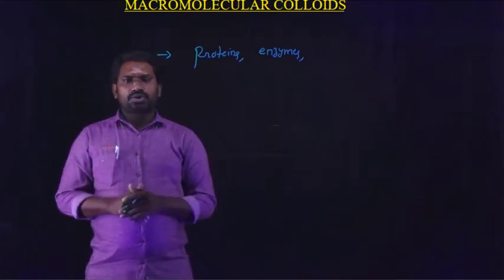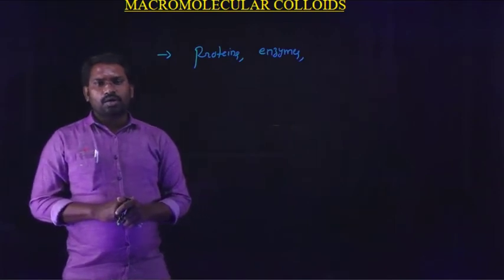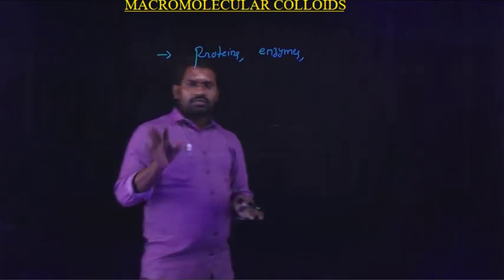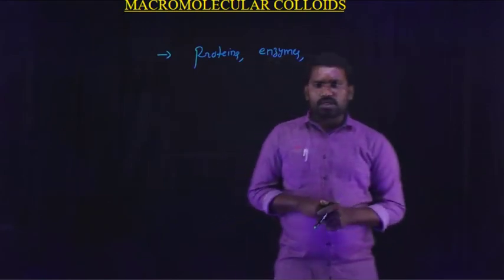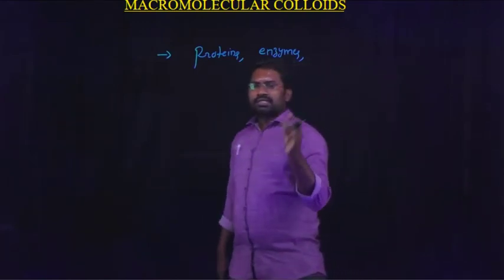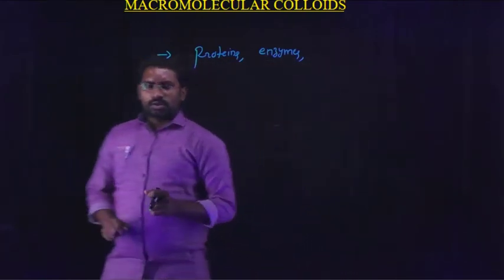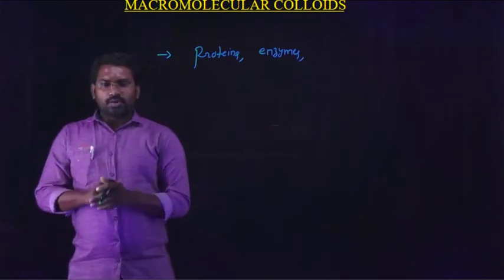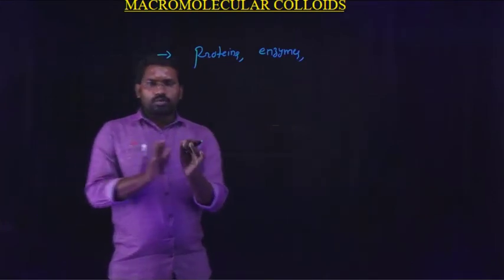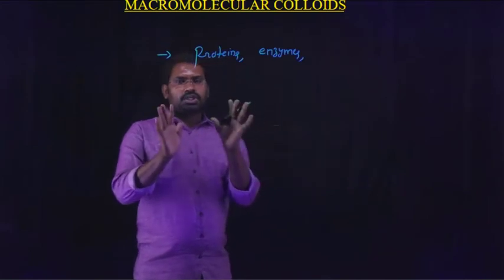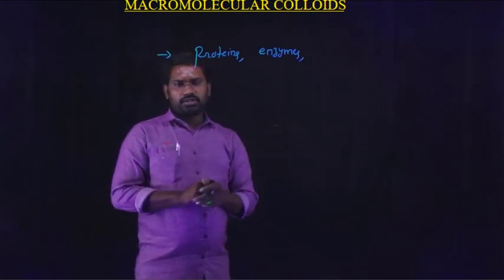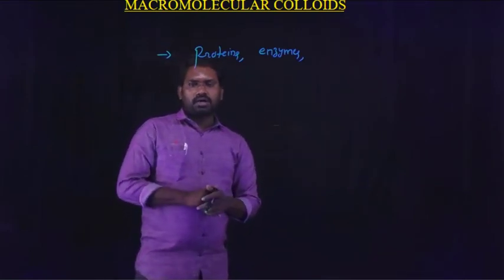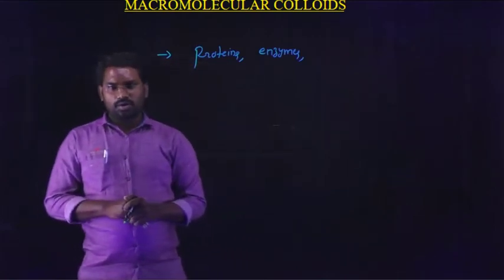Such type of solutions are called macromolecular colloids. In case of macromolecular colloids, macromolecules like proteins, enzymes, vitamins, cellulose, all these macromolecules are dissolved in a suitable solvent able to form such type of colloids with colloidal dimensions. Such type of colloids are called macromolecular colloids.